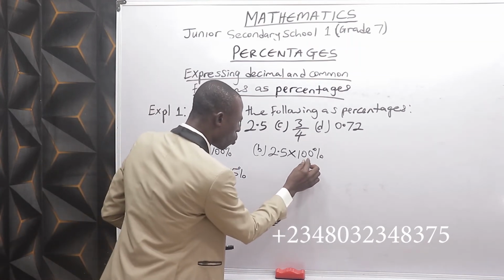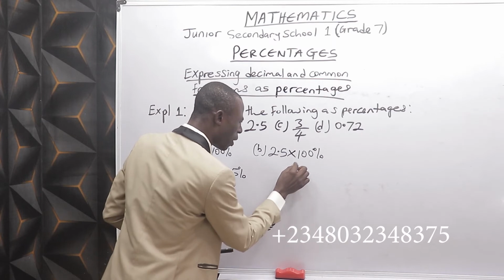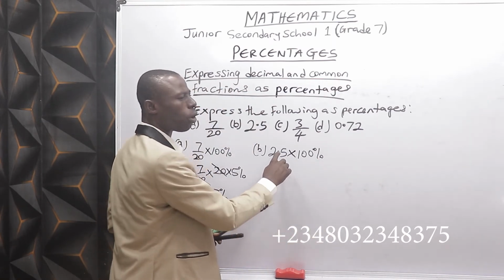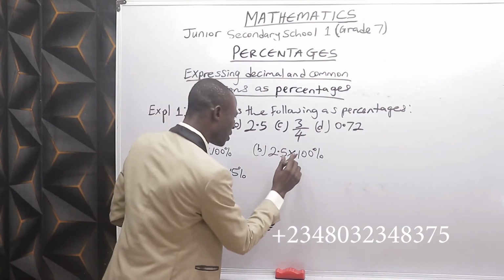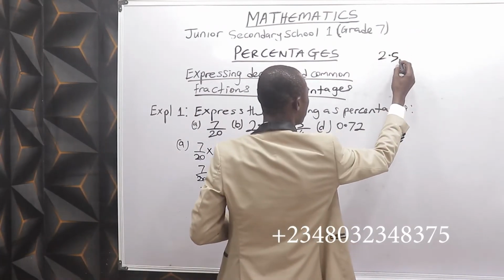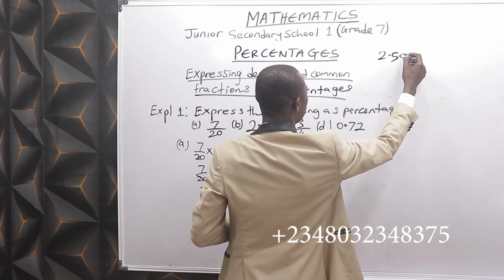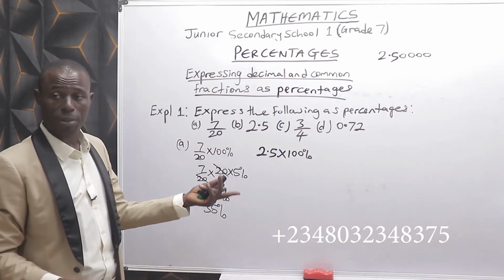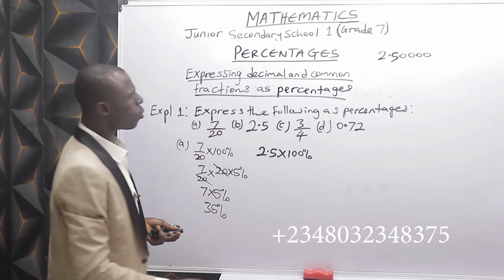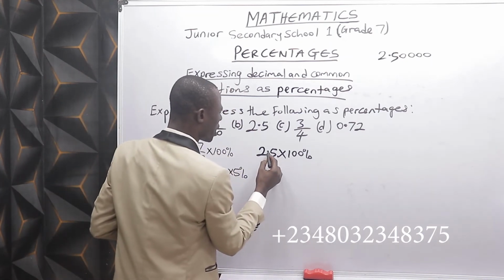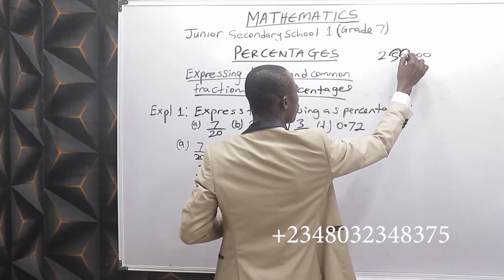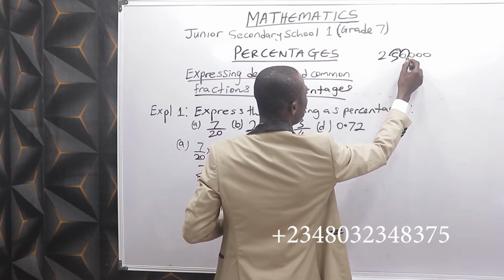Now, we want to multiply 2.5 by 100%. So you shift this decimal point twice. Behave as if you put many zeros at the back of the 2.5. So if we are now shifting the decimal point twice, it will be 1, 2. That means it will be here.